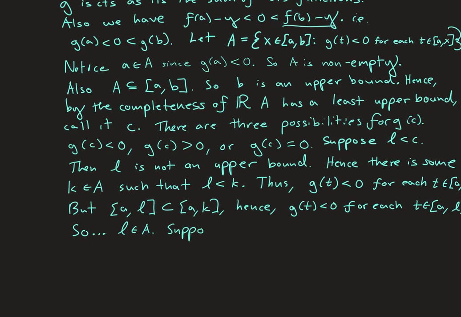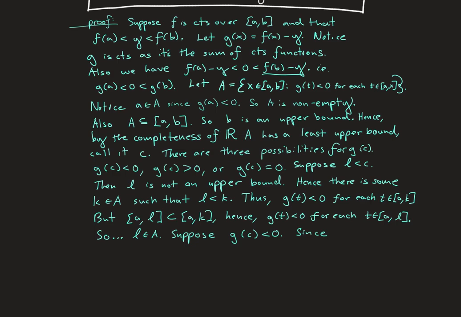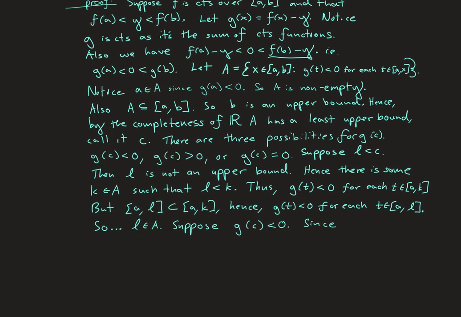Suppose g of C is less than 0, and we're going to find a problem with this. This is going to cause issues. By continuity at B, this is a subtlety.